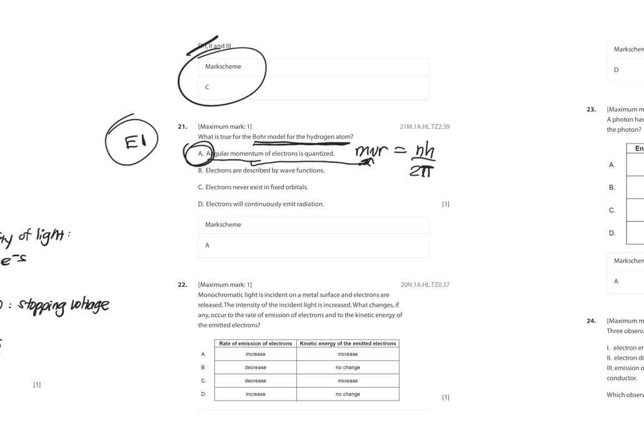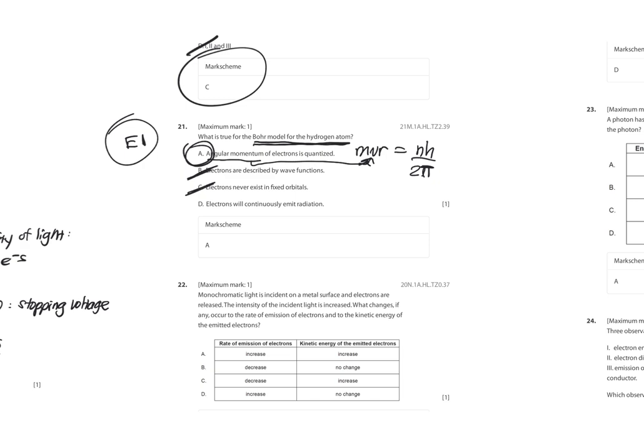Are electrons described by wave functions? Yes, but does it go with the Bohr model of the hydrogen atom? No, it does not. Electrons never exist in fixed orbitals. That is true, but that's more of a Schrodinger wave model, not dealing with the Bohr model, so not true. And then electrons continuously emit radiation.